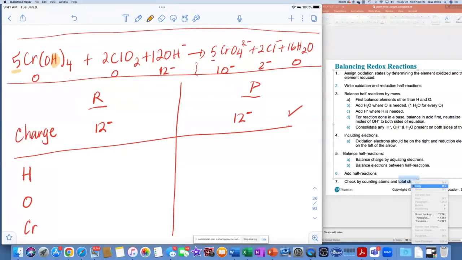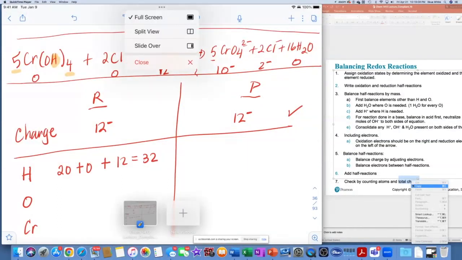We have 5 times 4, so 20 from the first compound. From the second compound, we have none. From the third formula, we have 12. Hopefully you can see right here. Hydrogen, 12. So when we add this up, what do we get? 32 on the reactant side.